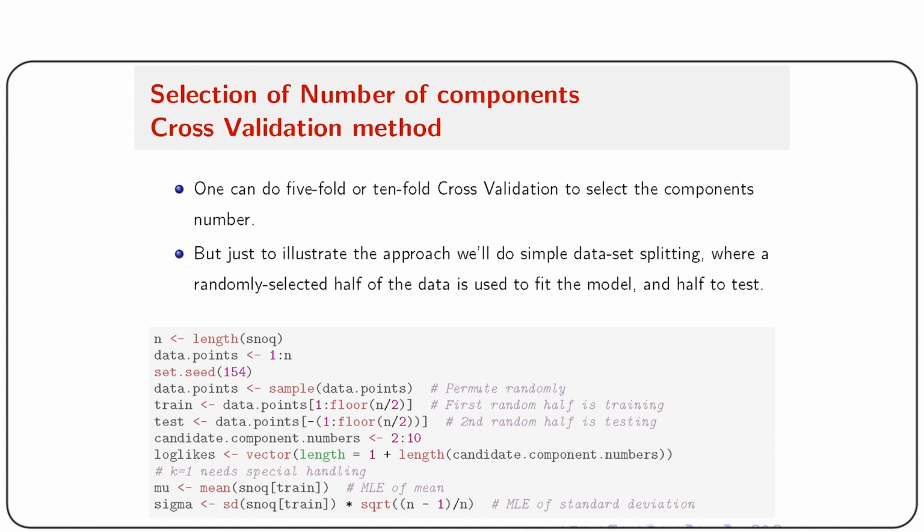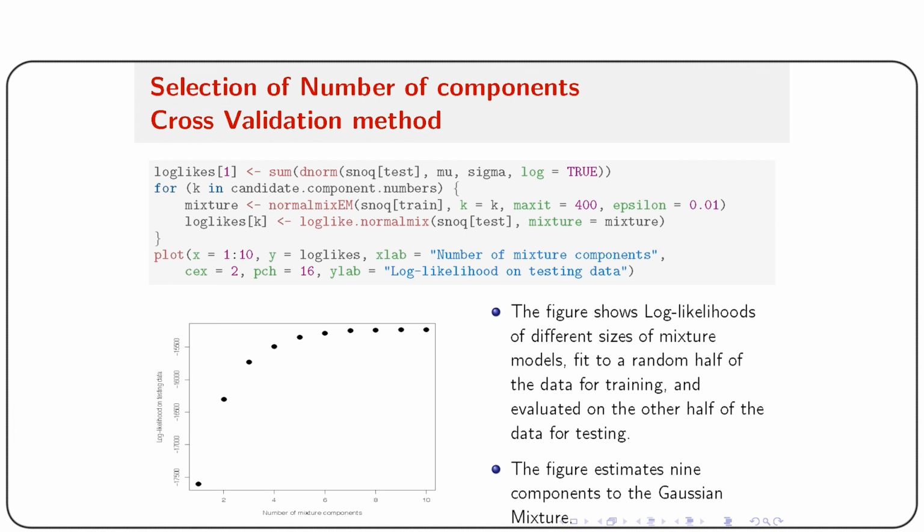Just go through the code one by one, and that will give you a clear idea of what I did. Then finally you will see this likelihood plot. The figure shows the log likelihood of different sizes of mixture models fit to a random half of the data for training and evaluated on the other half of the data for testing.